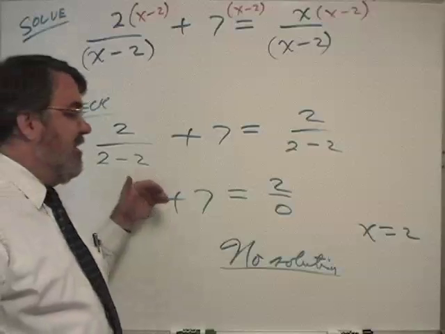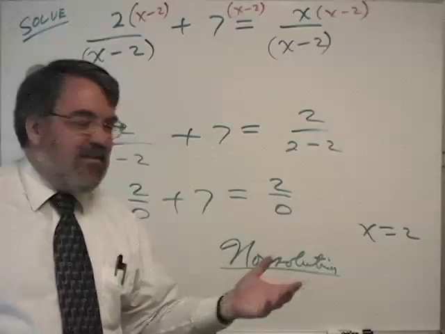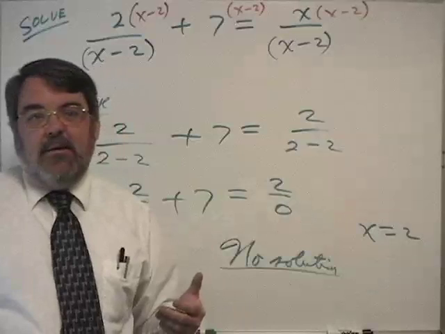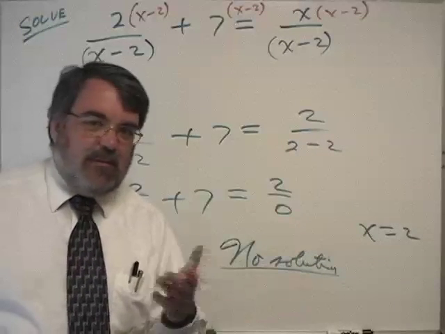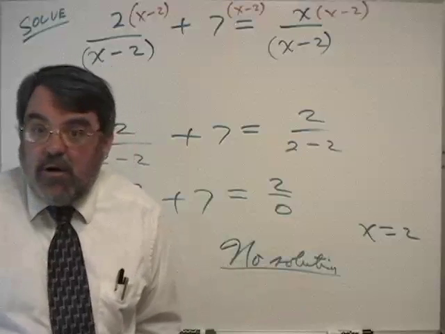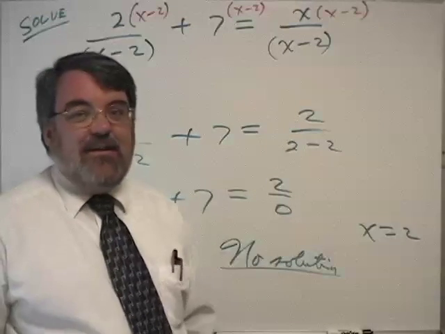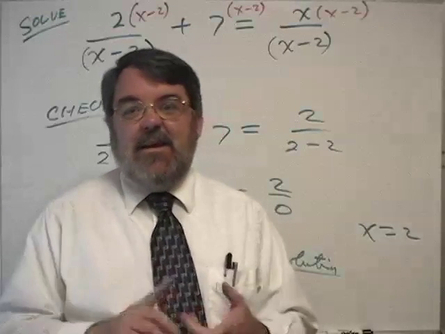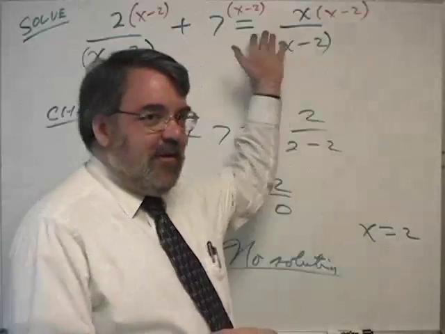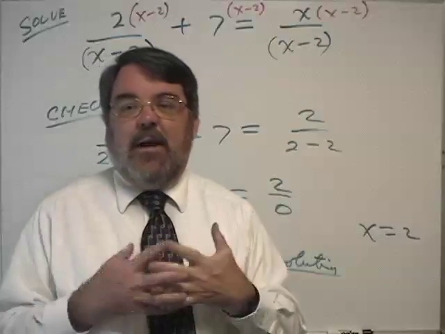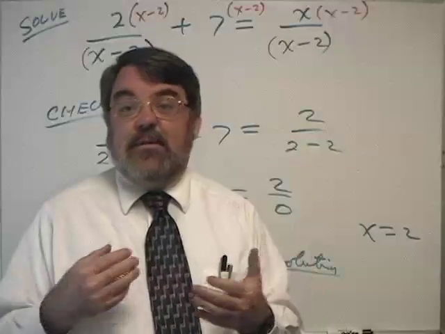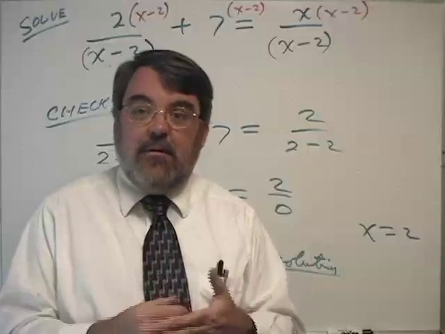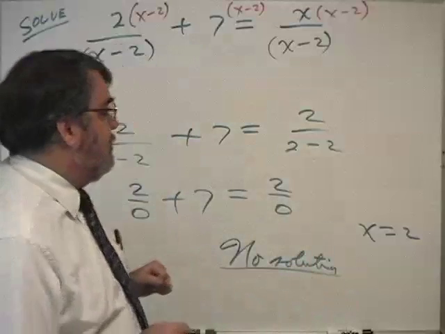I didn't get the left side does not equal the right side when I plug a number in. You know, if I plugged a number in, I didn't get something like 1 equals 2, which is impossible. That would be a wrong solution. You only get a no solution if, when you do this method, your answer, when you plug it in, leads to a division by 0. So division by 0, no solution to the problem.